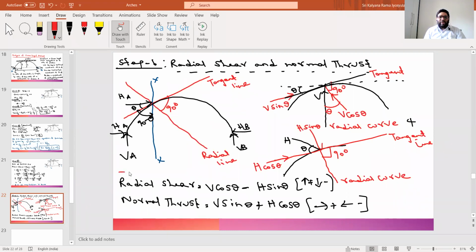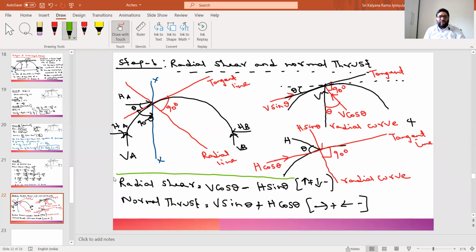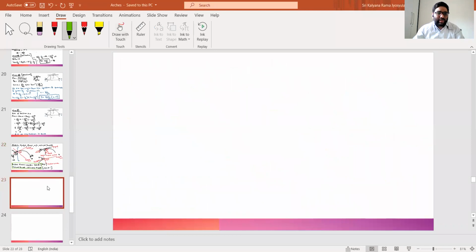These are the important expressions for the calculation of normal thrust and radial shear for a three hinged arch. So now our responsibility is to calculate the normal thrust, radial shear, and bending moment at any given section in an arch.